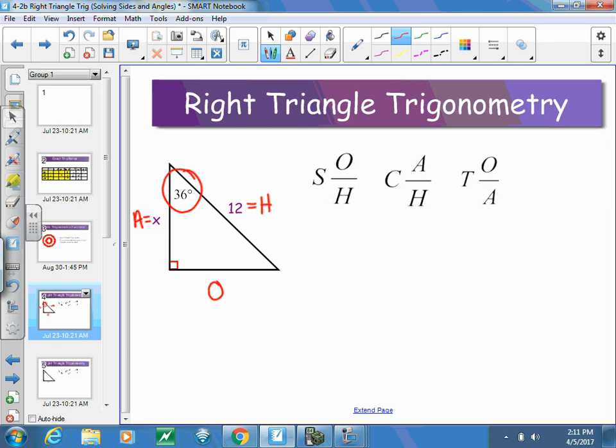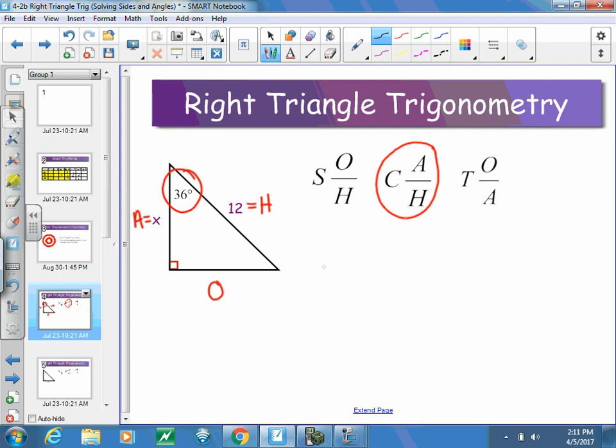So when I look at the information that I have, I know what the hypotenuse is, and I want to find the adjacent side. So when I think back to my three trig ratios, which of those ratios deals with the adjacent and the hypotenuse? That's going to lead us to our cosine function.